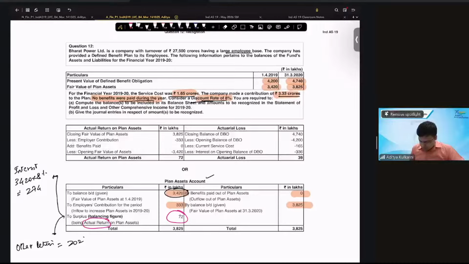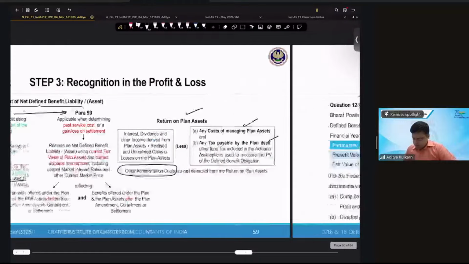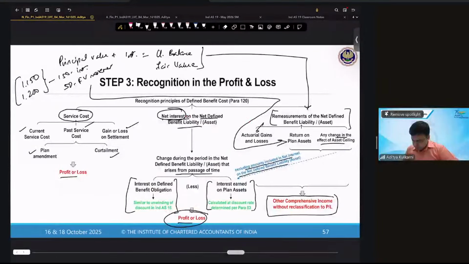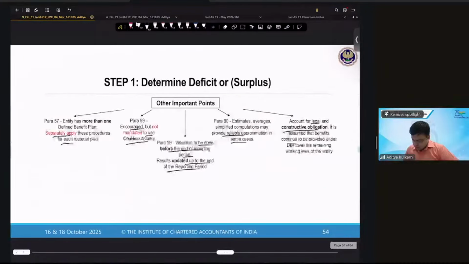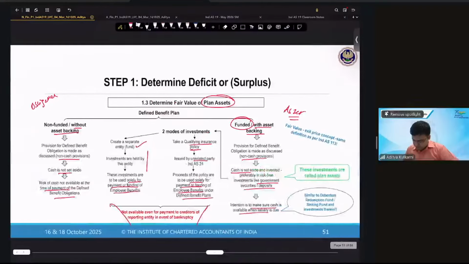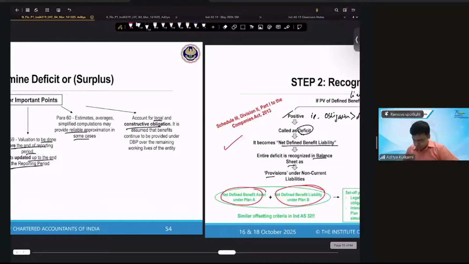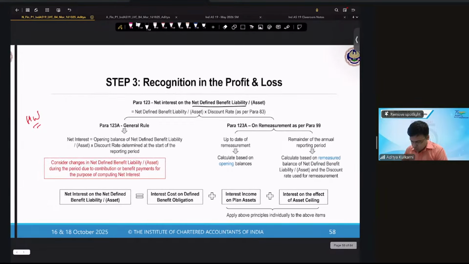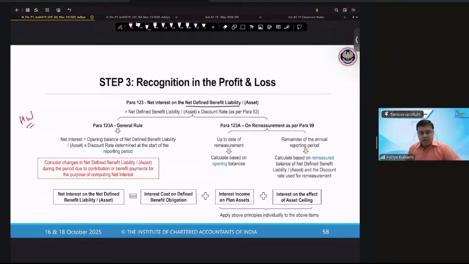Minus 202. Now if you come to the theory, here you can see net interest on net defined benefit liability is calculated based on the discount rate itself, which is the rate we have already seen.